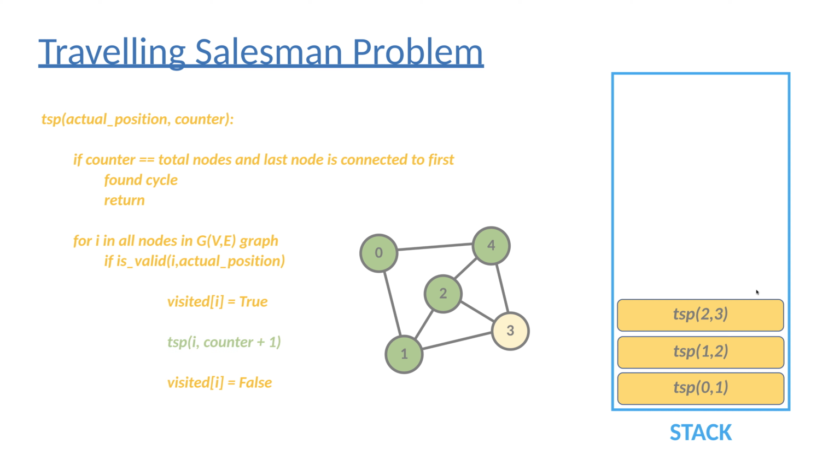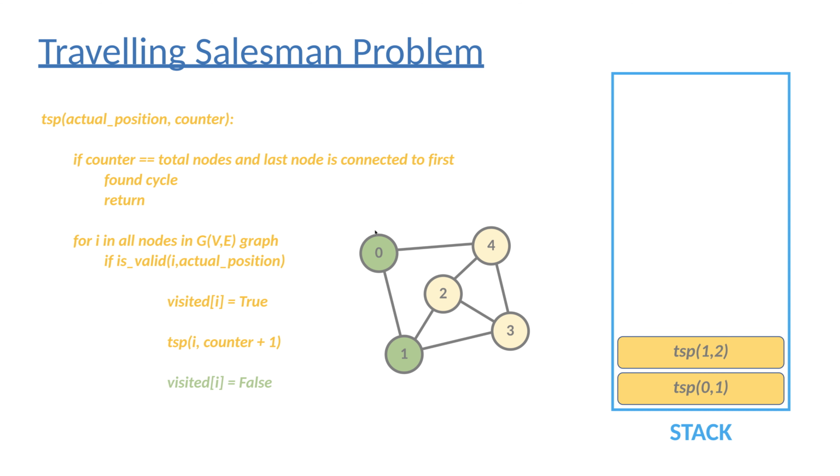This is the location where we backtrack, so we set visited[i] to be false, so we set vertex 4 to be unvisited, and we backtrack to vertex 2, so another stack frame is going to be removed from the stack memory, and we have to backtrack again because we have already considered all the neighbors of 2. So what do we have to do? We have to backtrack to vertex 1, and in this case we have one more option.